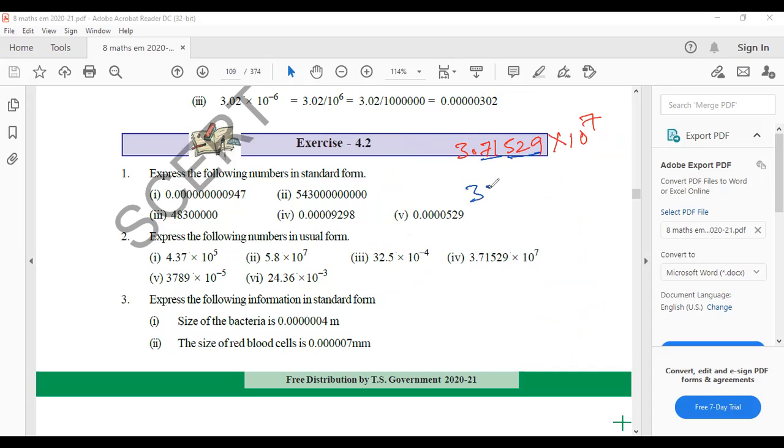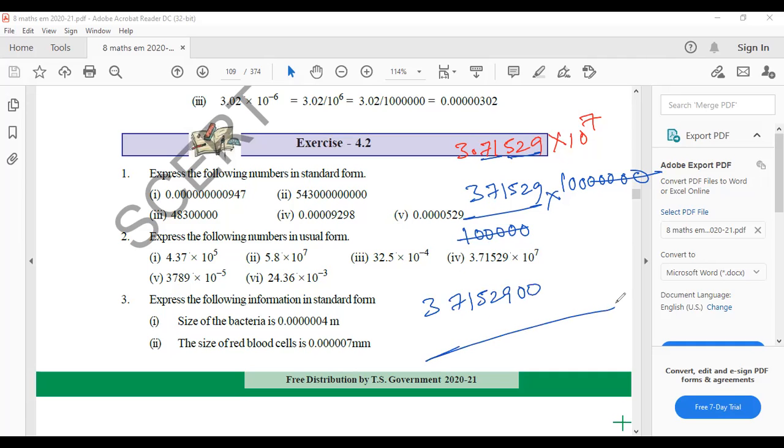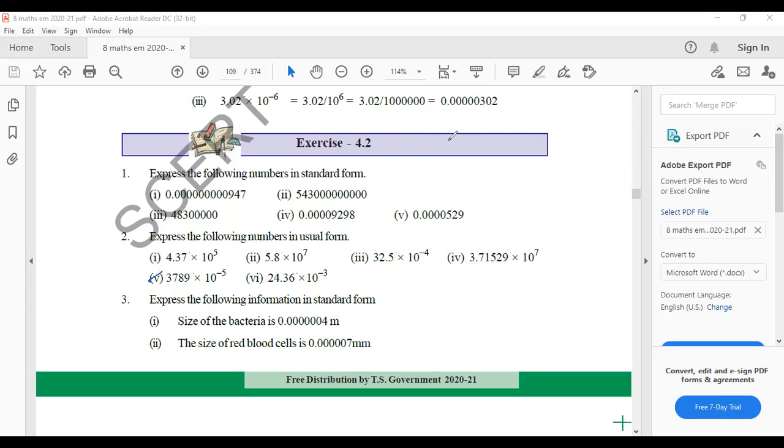So 5 zeros you write. 371529 by 1, 2, 3, 4, 5 zeros, into 10 power 7, that is 1, 2, 3, 4, 5, 6, 7 zeros. This 5 cancels. Clear? The rest you write down: 371,529,00. Positive will be there, there is no problem. Where negatives are there, you must take care. Clear?